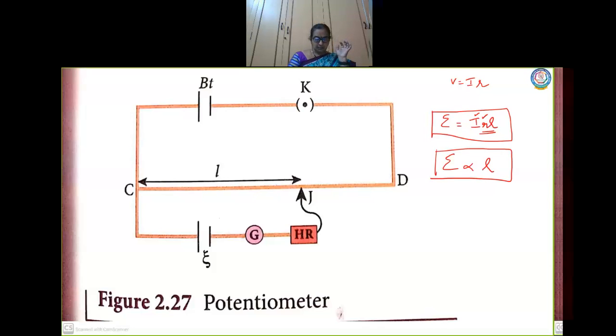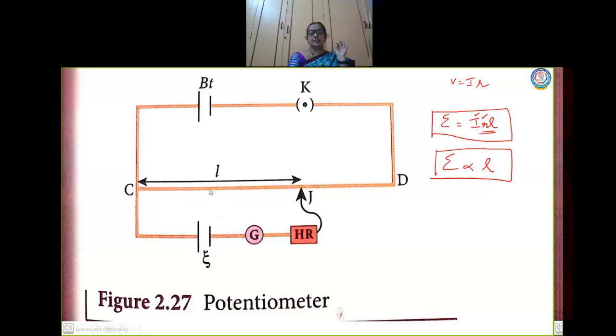Now let us take that paragraph. Let contact be made at any point J on the wire by the jockey. If the potential difference across Cj is equal to the EMF of the cell, there will definitely be a potential difference created across this length. There will be a variation of current, but at a particular point the current will be zero.